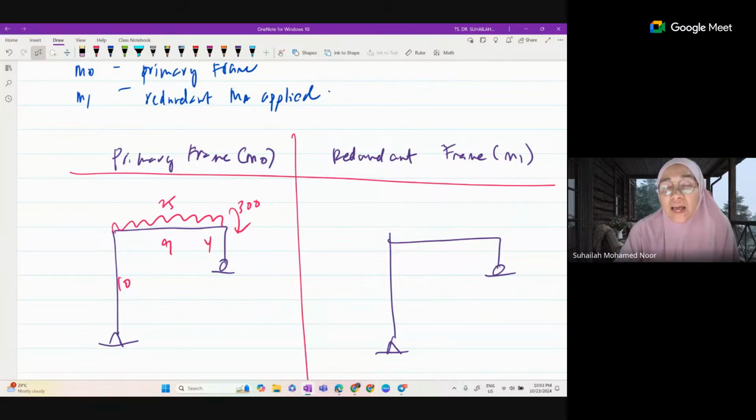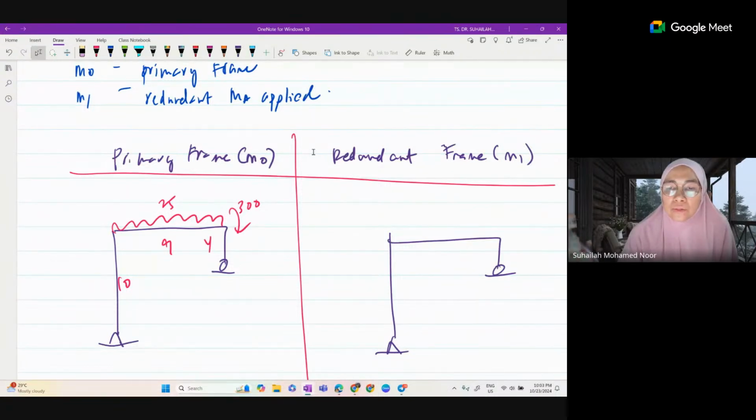Just like when you learned the deflection topic, we have a real structure and a virtual structure. So it is similar, not equal, but similar. The primary frame is a determinate frame subjected to all external loading. The only thing we remove from the frame is the moment at A. That is why fixed becomes pin. So we keep all external loading.